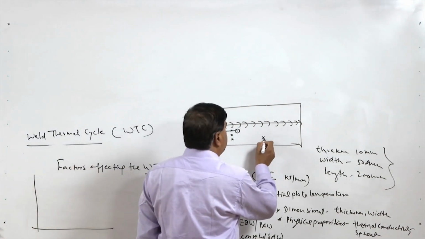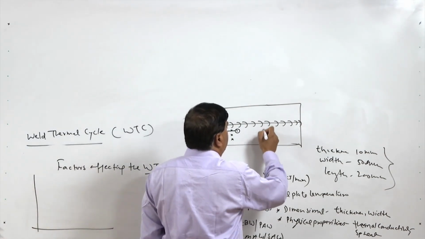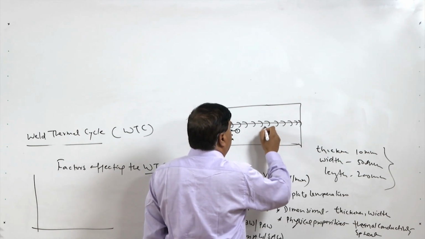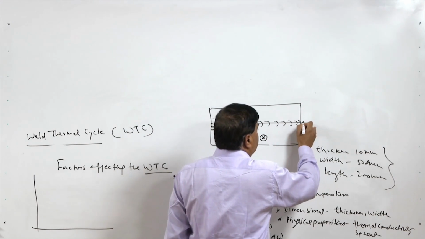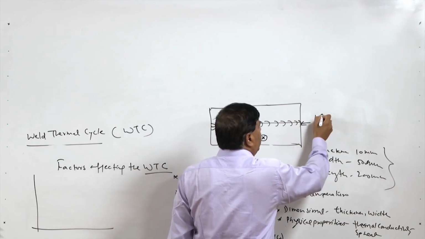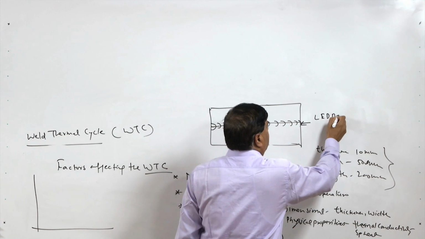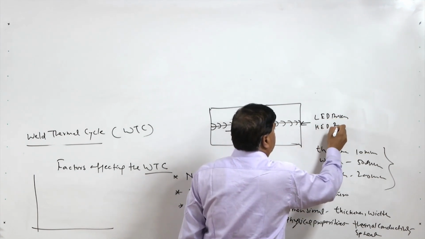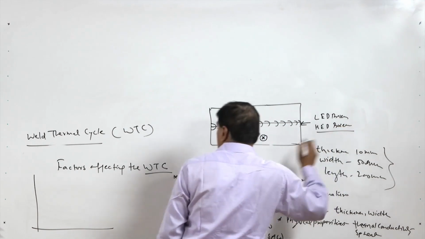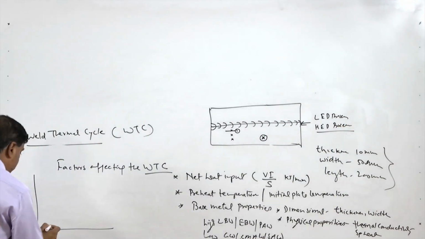The point is this one, and for this point if you see the weld thermal cycle, when this weld is made using both low energy density process and high energy density process like laser beam, what kind of thermal cycle will we be getting?